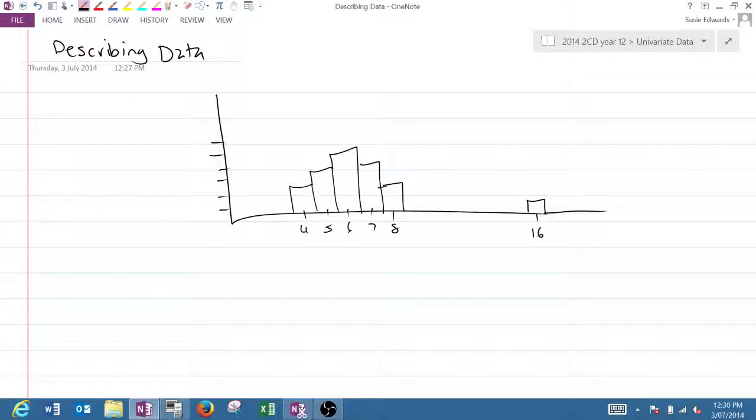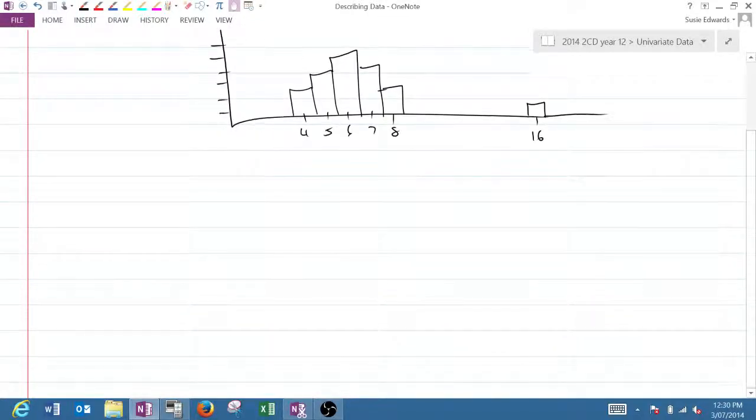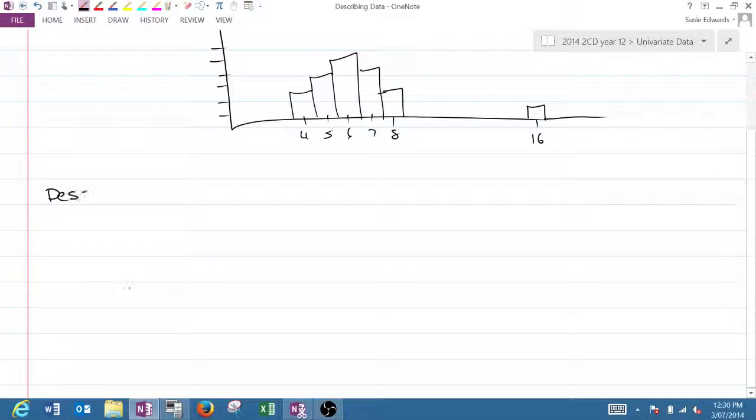All right? So we talk about describing data, and you need to be able to describe this data, and it's worth 4 marks, okay? So usually 4 marks, not always, but usually. So if you're describing data, you use dot points.